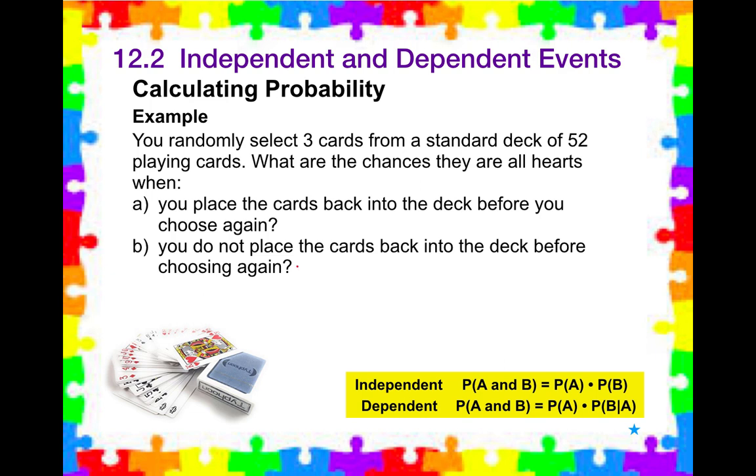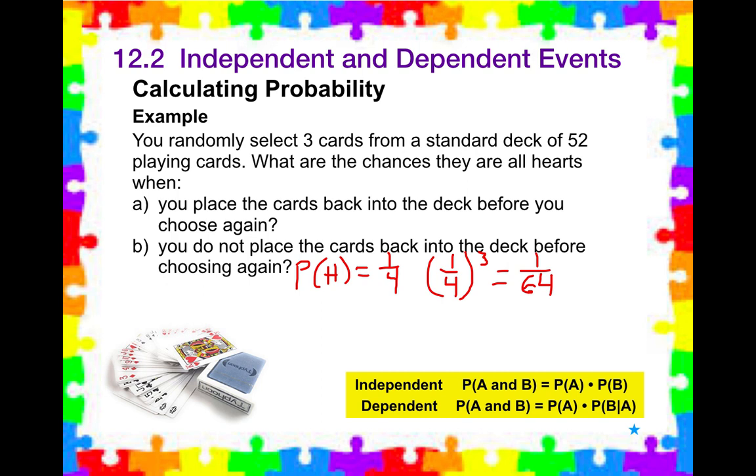So the probability of a heart is 1 out of 4. And if we do this 3 times, it's going to be 1 out of 4 cubed, because it's 1 out of 4 times itself 3 times. So that's the same thing as 1 out of 64, which is a very low percentage.